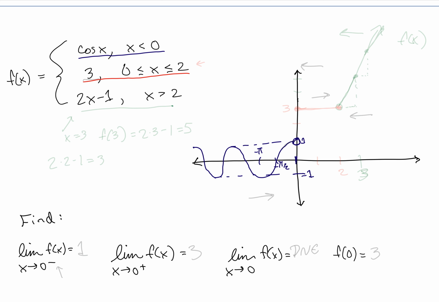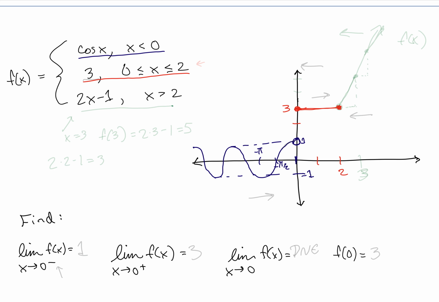So let's draw that piece in red. 1, 2, 3. There's an output of 3, and f of x is 3 for x between 0 and 2, and so less than or equal to 2. So that's the output of the function for x between 0 and 2, an output of positive 3.